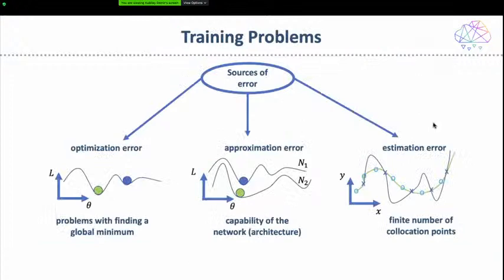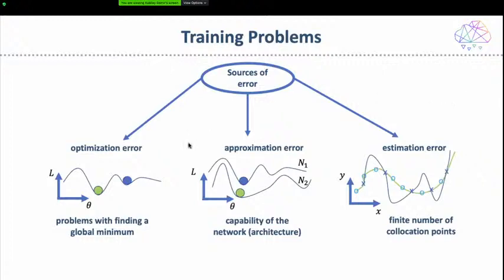Yeah, so now let's look at the different approaches they choose to tackle this problem. While trying to solve this most accurately, there are different sources of errors that they might face, and they have different approaches for each.